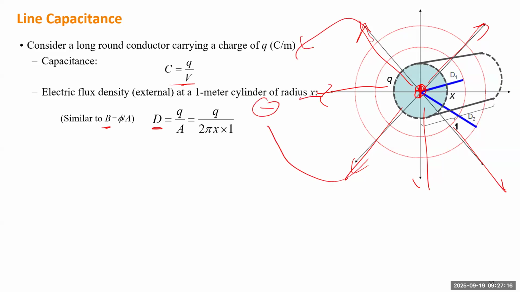Eventually it will go to the negative charge. That's an electric field. So you can count how many flux lines there are divided by the area you circulate to cover that charge, and that will give you the density of the flux. But this is an electric flux, not magnetic flux. But this formula is equivalent, an analogy, to the formula for the magnetic field.